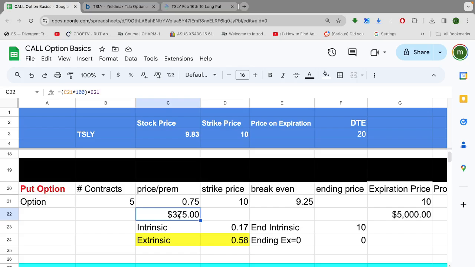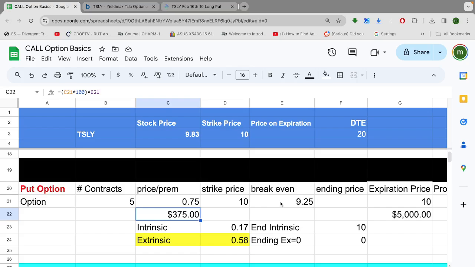Okay, so the first thing that you always want to look at, the first thing I do, my brain automatically does this, and yours will too once you learn options. I take the premium, how much they want me to pay for it, and I subtract it from the strike price, and I figure out my break even. I'm having the computer do it for us, but I knew the break even was $9.25 the second I did it, because that's just what option traders do.